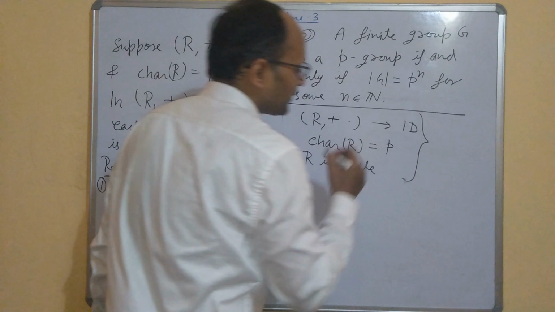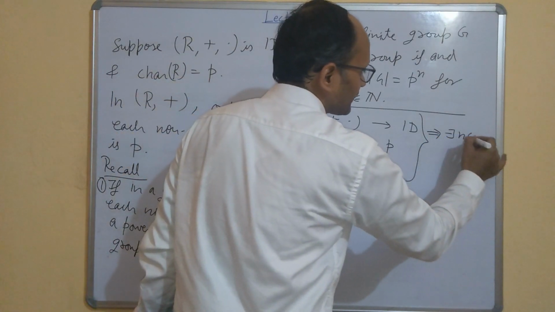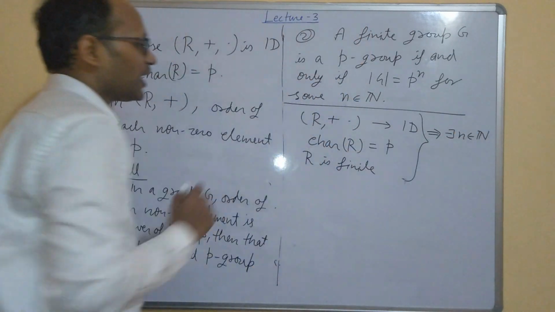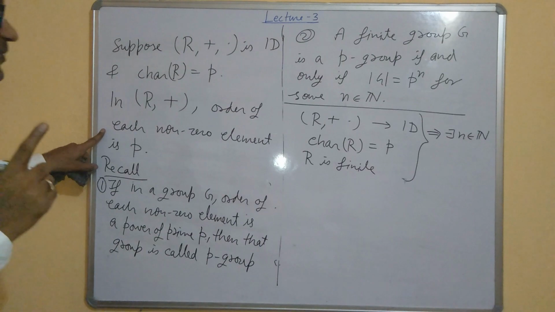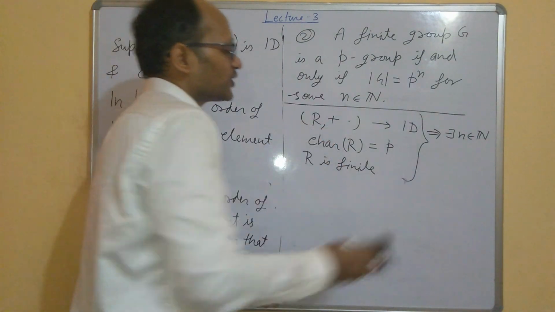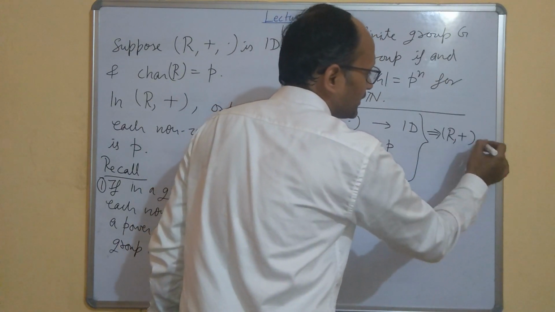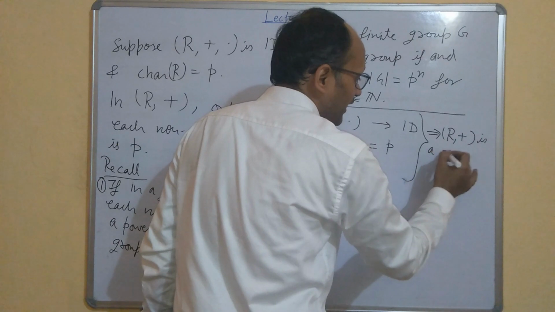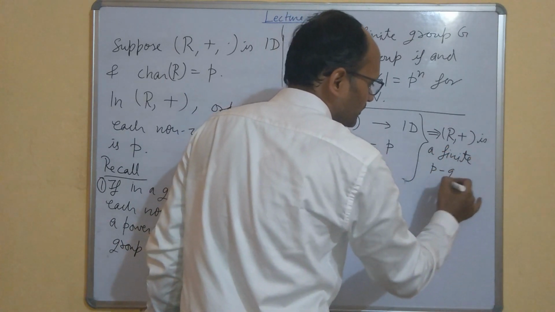Then R plus is a p-group, because the order of each element is p. So R plus is a finite p-group.